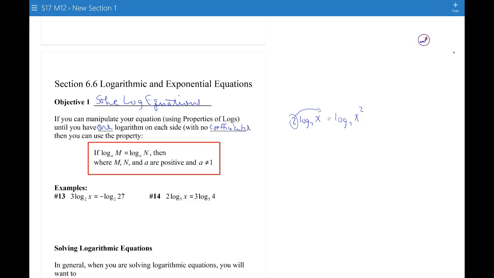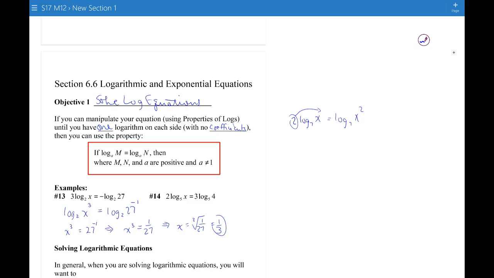Then you can use the property that if you have 2 logs that match, then the arguments have to be equal. So I'll have log base 2 of x cubed equals log base 2 of 27 to the negative 1. Then x cubed must equal 27 to the negative 1, so x cubed equals 1 over 27. So x must equal the cube root of 1/27, which is 1/3.